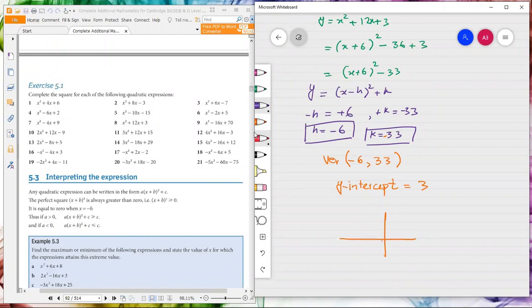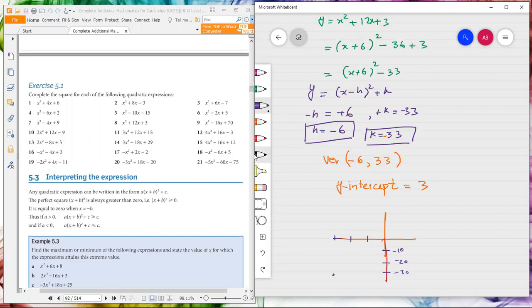Because this is a small space, you can scale this. If I consider this 10, minus 10, minus 20, minus 30, and here 2, 4, and 6, then minus 6 and minus 33 would be here.